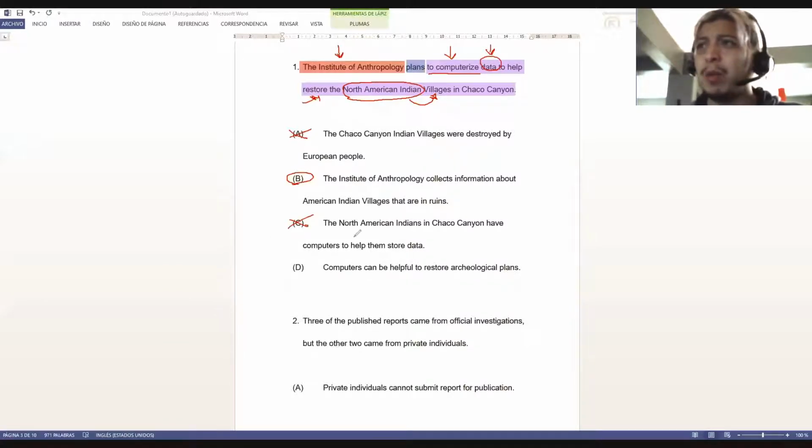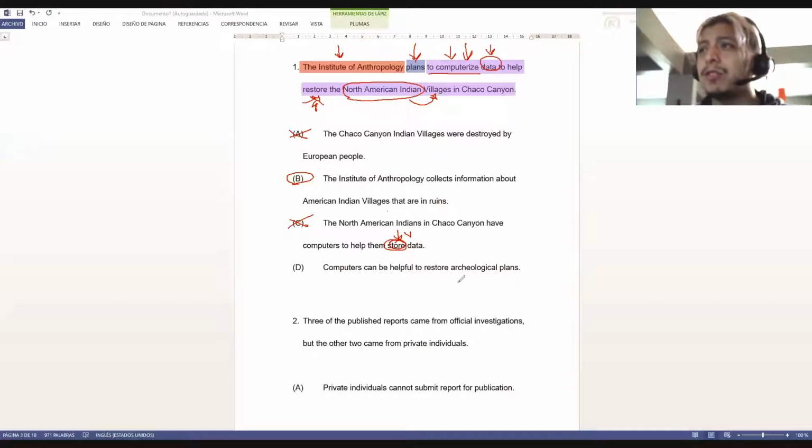We never spoke about North American Indians and we never spoke about them doing anything. And storing the data, this is not the verb. We want to restore, we want to computerize, we are planning, but we don't store anything. This is not a part of anything. This doesn't make any sense.